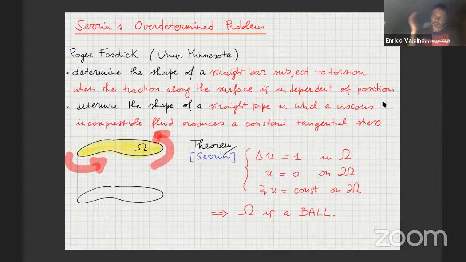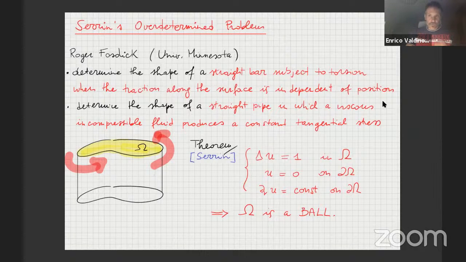So, of course, Serrin had all the merit to solve the question and to invent the beautiful method that was used millions of times after him. And he had the merit somehow to provoke also the proof by Weinberger of at least a particular case of this result.